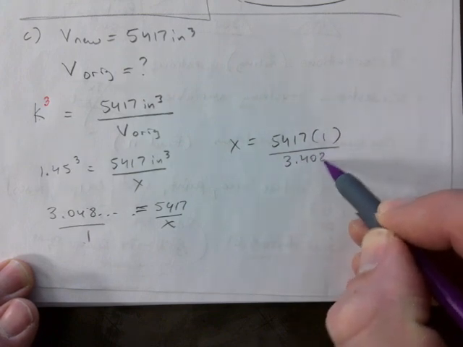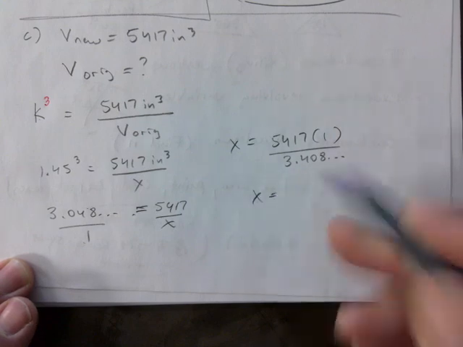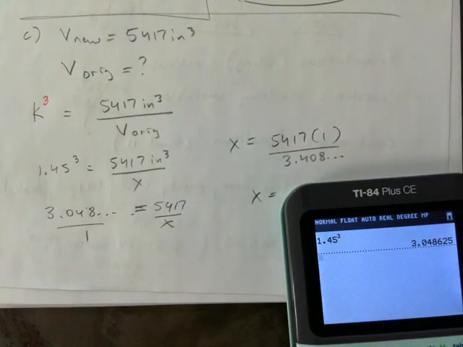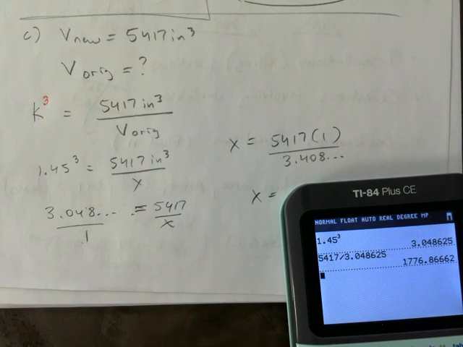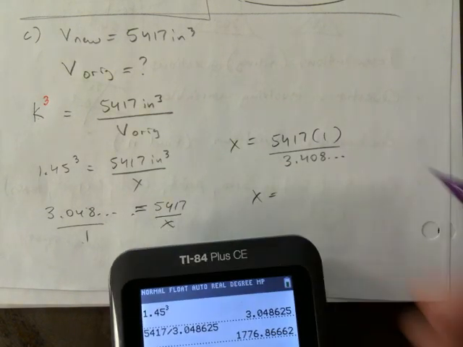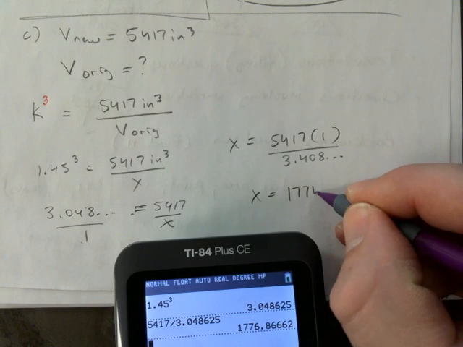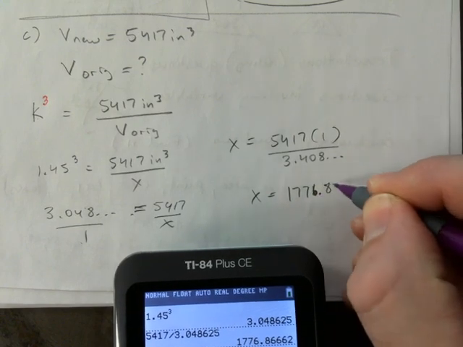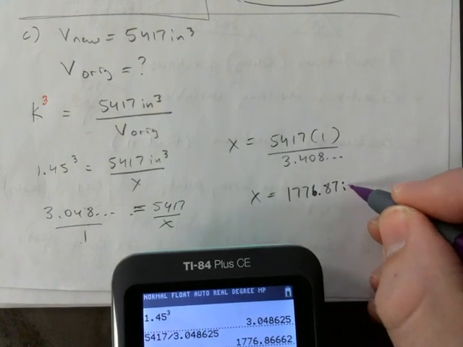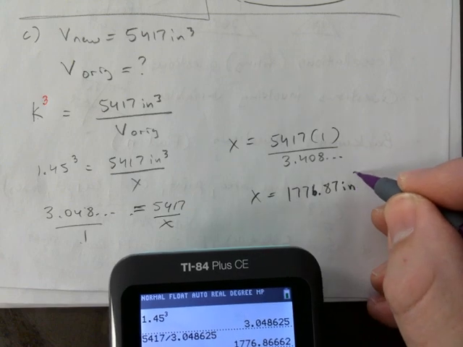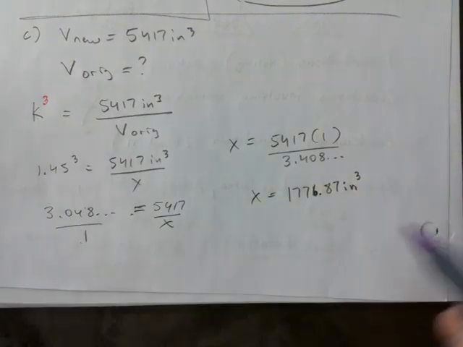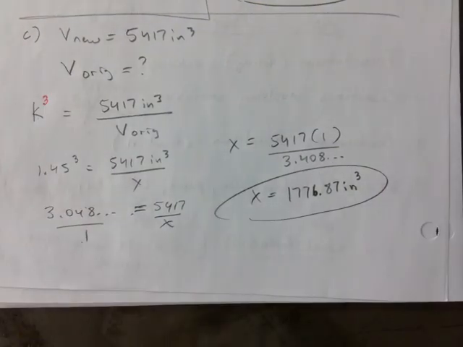And notice that I'm using dot dot dot. That means I'm using all the decimals. So it's 5417 divided by 3.048 dot dot dot, which is 1776.87. What are we in? Cubic inches, because we're still talking volume, all right? There you go. Blast from the past.